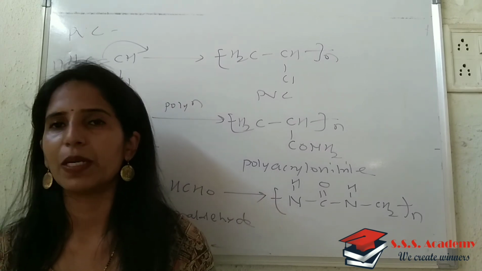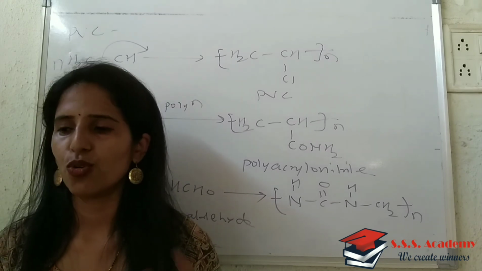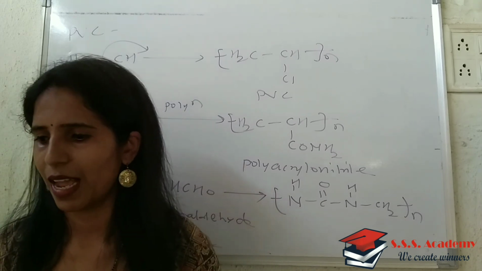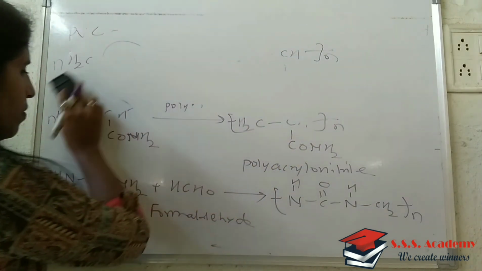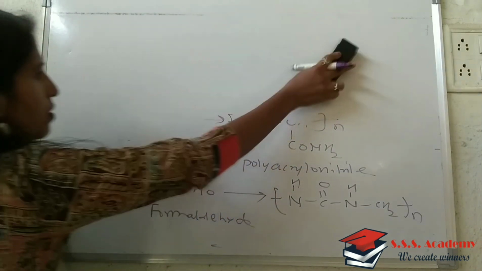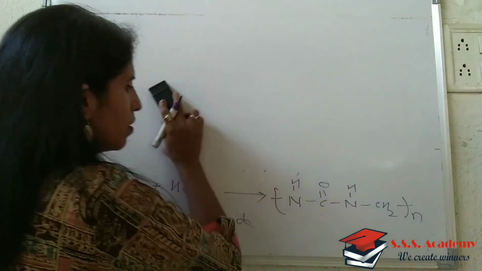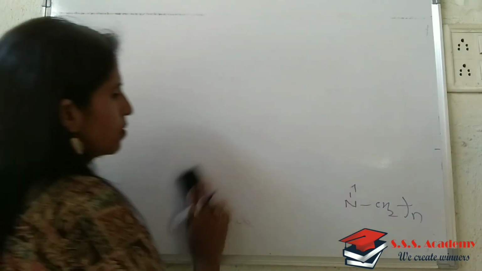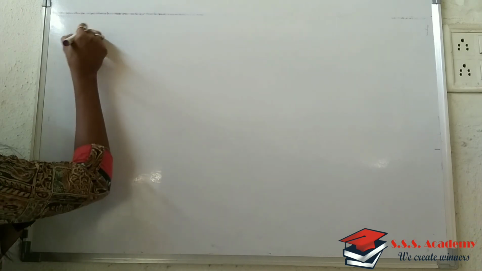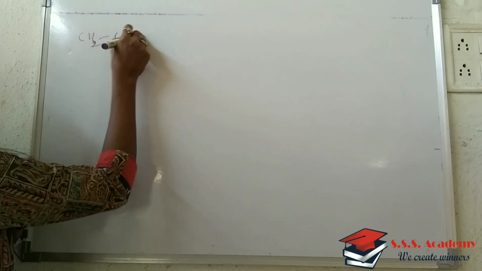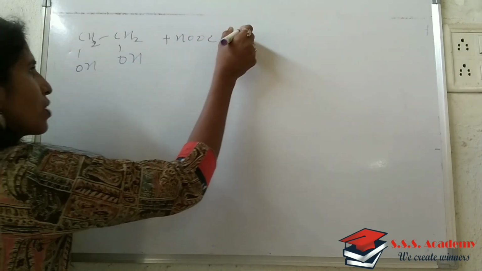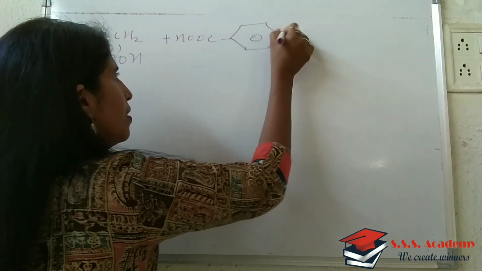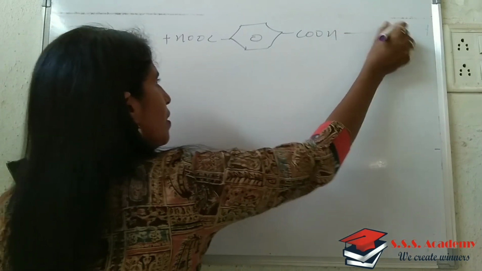Then next is glyptal, which is said to possess two monomer units: ethylene glycol and phthalic acid. So what is the structure for ethylene glycol? This is CH2, CH2, OH and OH. And the phthalic acid structure is this. And what will happen?